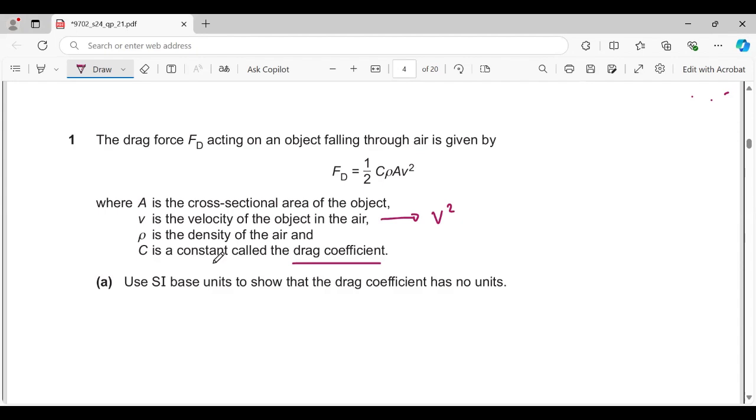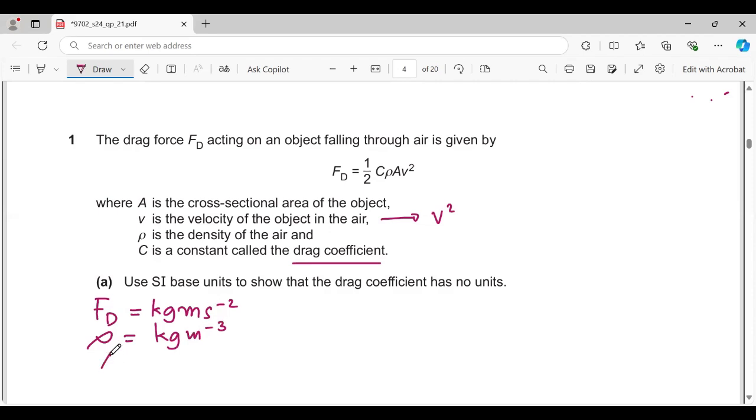Based on this information, F_D, the unit is kilogram meter second to the power minus 2. Rho, density, unit is kilogram meter to the power minus 3, kilogram per meter cube.